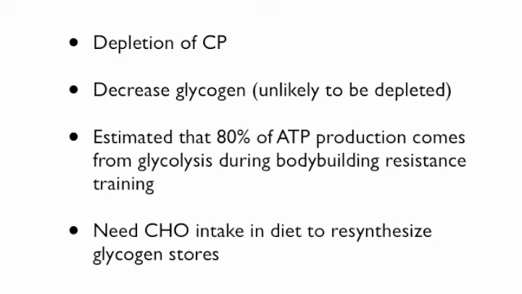But what fuels the muscle contraction is more likely glycolysis, which is glucose. And that can be circulating blood glucose, or it can be glucose that is the result of breaking down muscle glycogen. So restoring carbohydrates in our diet is very important to fueling resistance training.